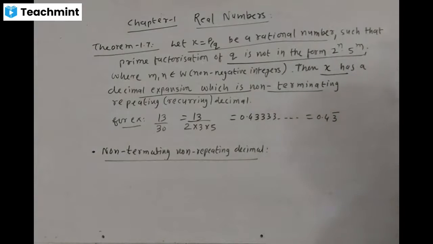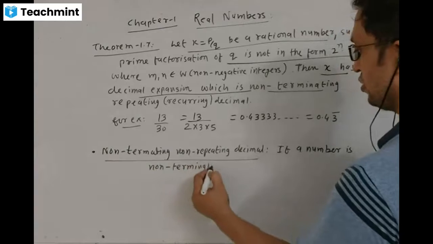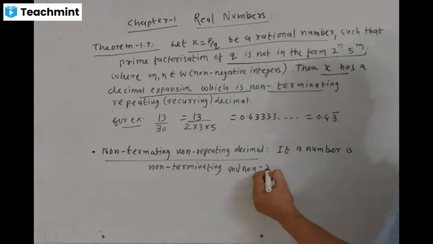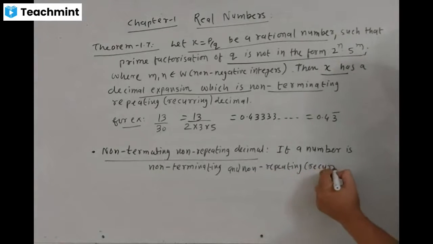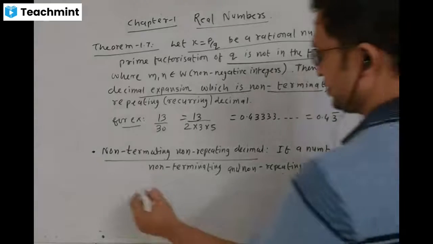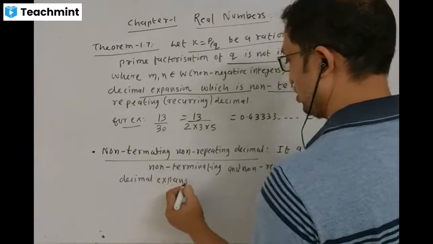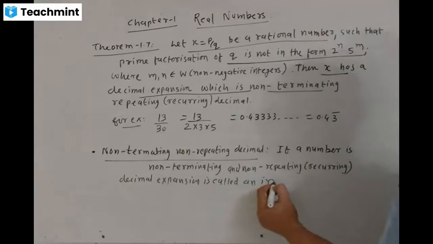If a number is non-terminating and non-repeating, both conditions are satisfied, the decimal expansion is called an irrational number.